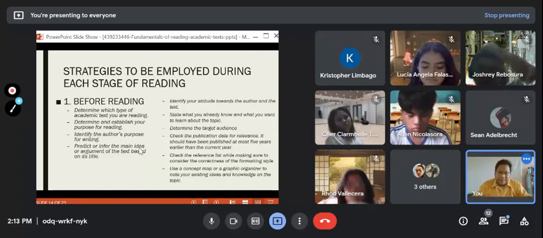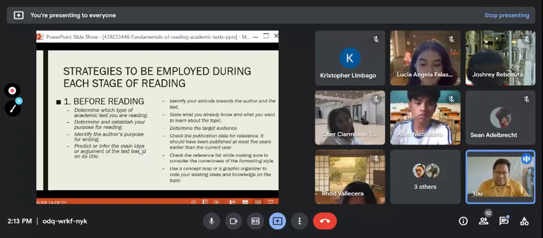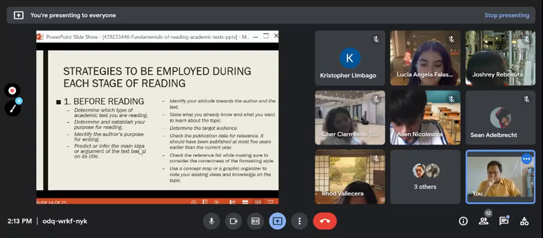Take note of that. The reader at this point conditions him or herself that there is a reading task that needs to be accomplished. There is an academic text that is meant to be read. And once that text is met, the reader then tries to do these things.